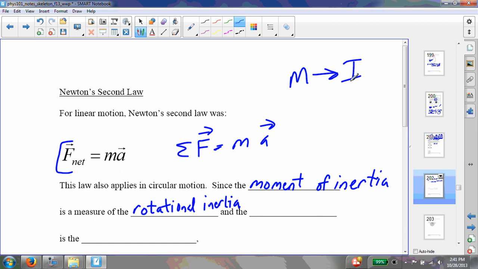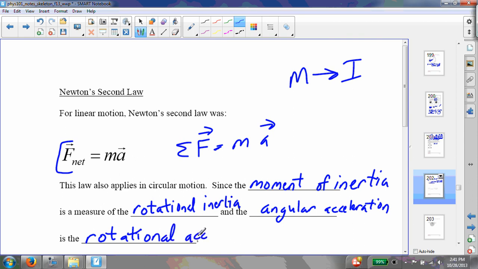And as we've already talked about, the angular acceleration is the rotational acceleration. Where before we had a, it has now become alpha.